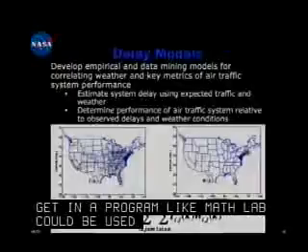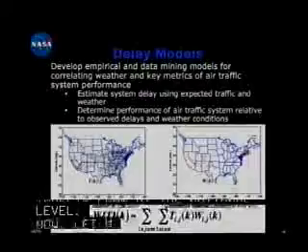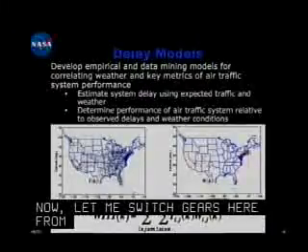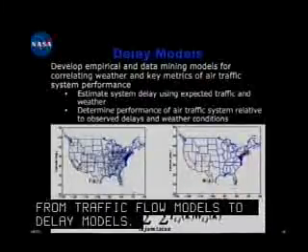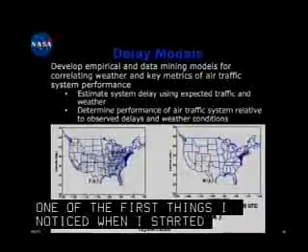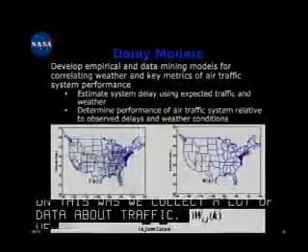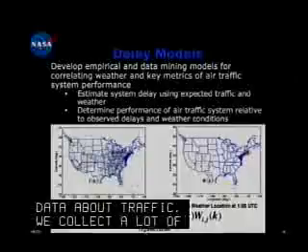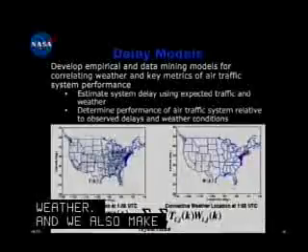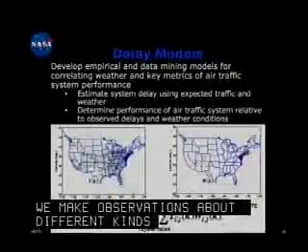Next view graph, please. Now let me switch gears here from traffic flow models to delay models. One of the first things I noticed when I started working on this was we collect a lot of data about traffic, we collect a lot of data about weather, and we also make a lot of observations about delay. We make observations about different kinds of delays, center delays, aggregate delays at the national level.